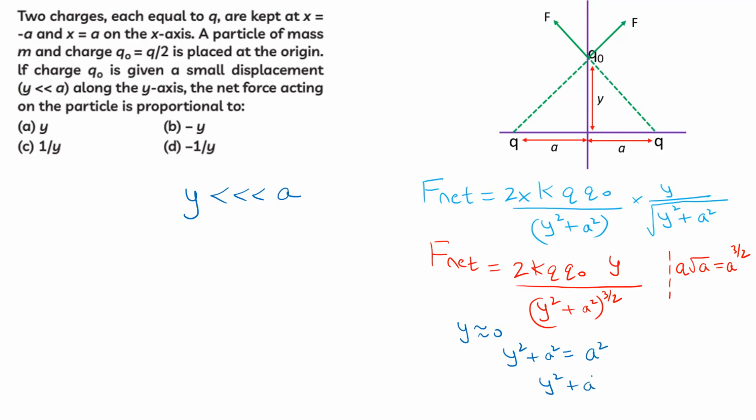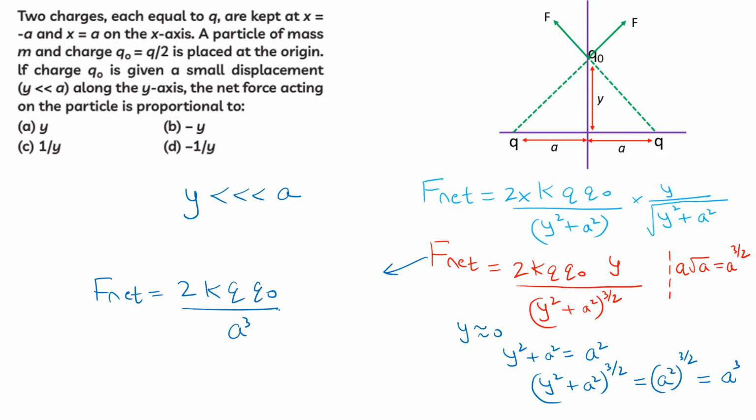And the denominator, which is y square plus a square to the power 3 by 2, will become a square to the power of 3 by 2, which is a cube. Now, let's simplify the expression. The net force we get is 2k q naught divided by a cube multiplied by y. And this is your final expression.